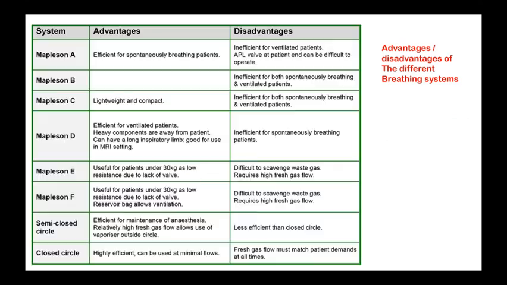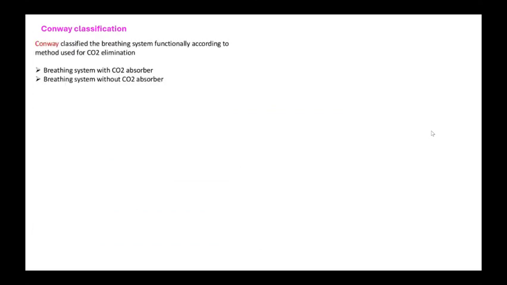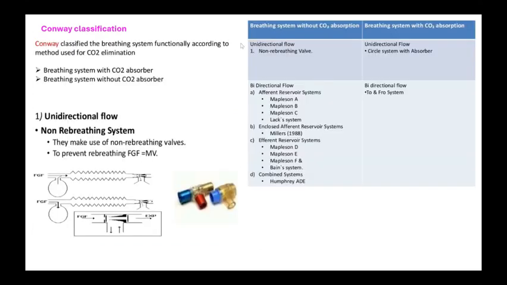So these are the various classifications of the Mapleson as well as the complete closed and the semi-closed circuit with their advantages and disadvantages. So Conway classification, he made a little more elaborate where it can be classified with the CO2 absorber and without CO2 absorber.